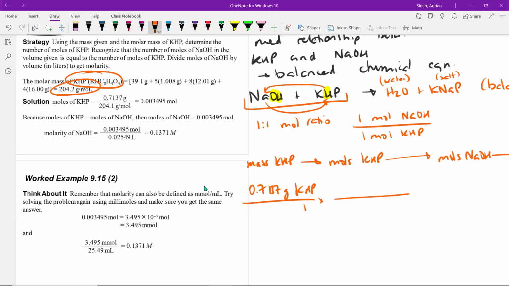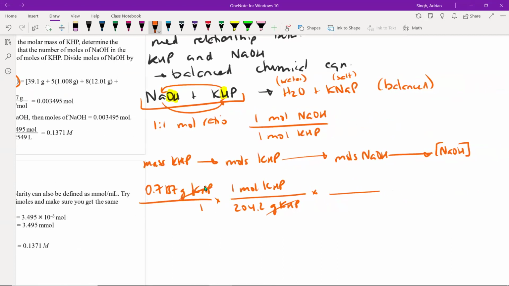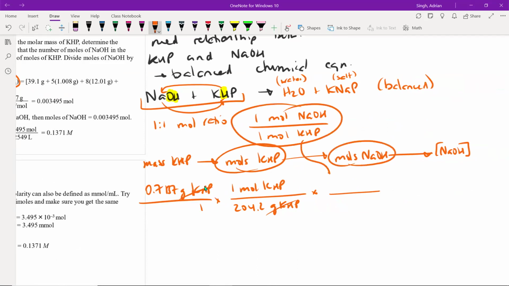We see it's 204.2, so for every 1 mole of KHP, it's 204.2 grams of KHP. Grams go away. My mole-to-mole ratio from the balanced equation will allow me to get from moles to moles. I stick that in, and I want the moles of KHP to cancel out, so 1 on the bottom, 1 mole of NaOH on the top.